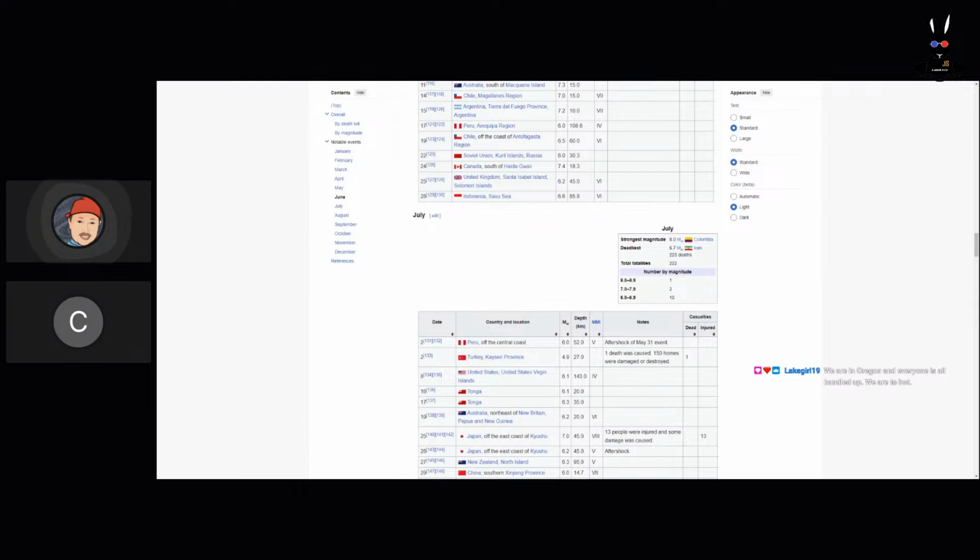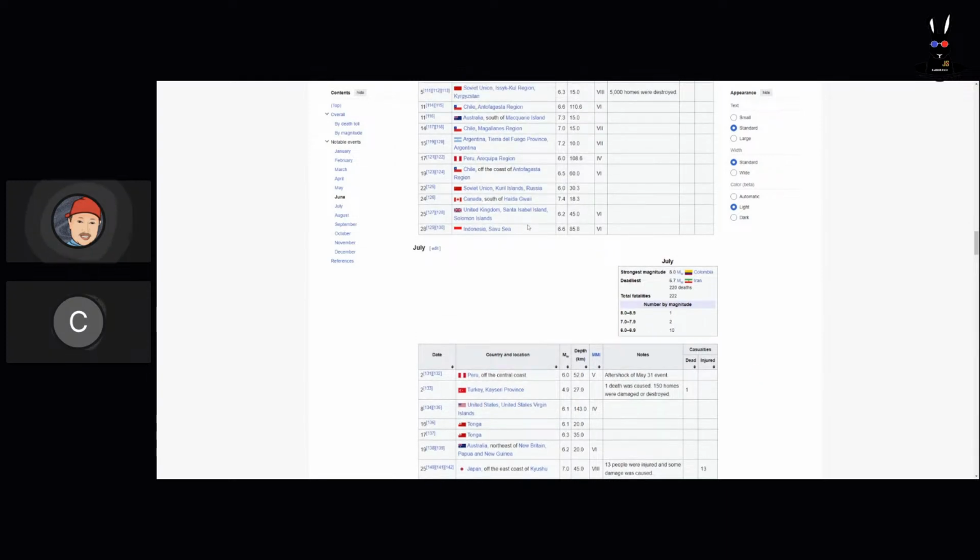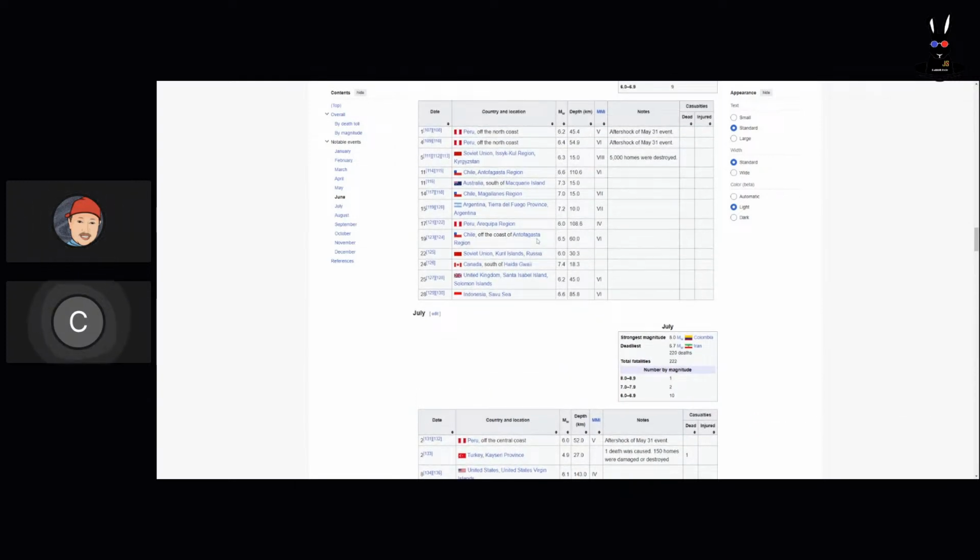Japan, Kyushu had a couple of 7s. Oh, I see Haida Gwaii up there. Yeah, Argentina again, 7.2. Peru, 6. Haida Gwaii, 7.4.